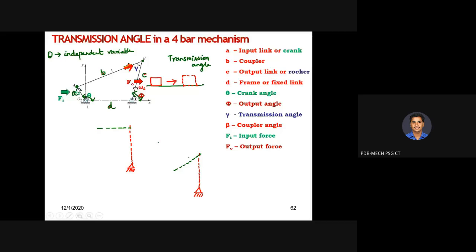And the third case, this is your rocker and this is your coupler. Now tell me for which case your force transmission or motion transmission will be maximum, and justify why it is happening like this.